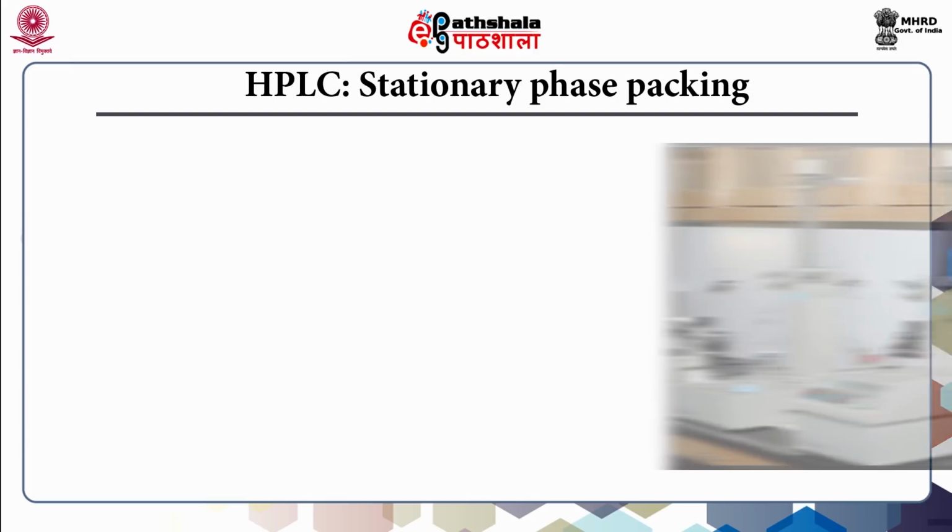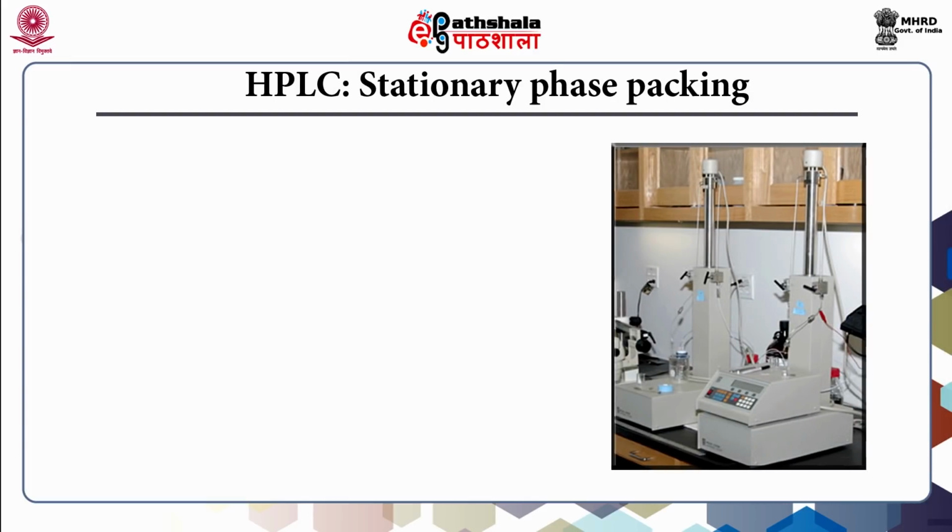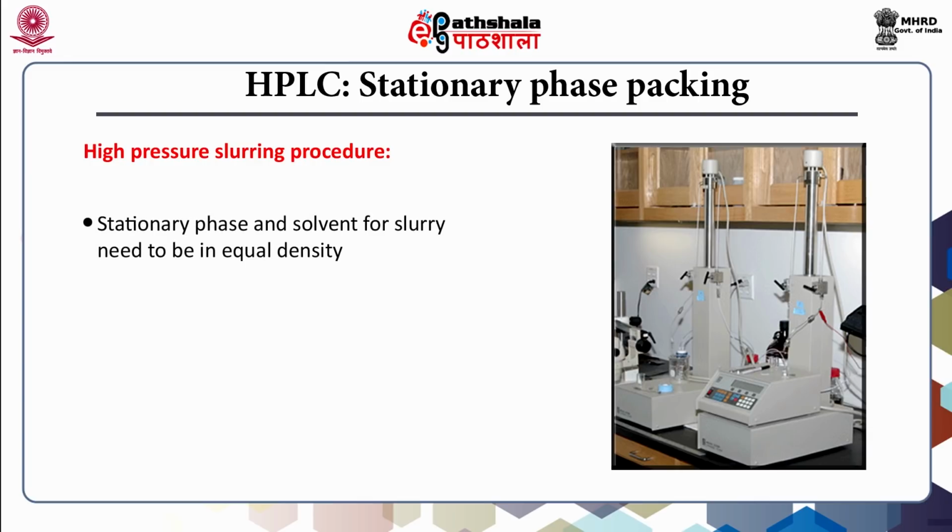The stationary phase is packed into an HPLC column by a specific procedure called the high pressure slurry procedure. In this procedure, the stationary phase and the solvent for the slurry need to be of equal density, and the slurry is pumped into a column by high pressure.